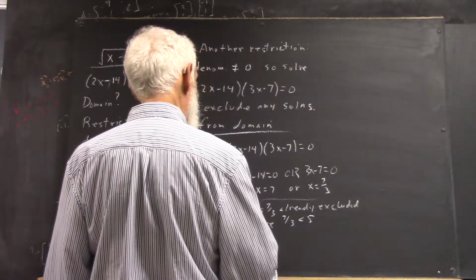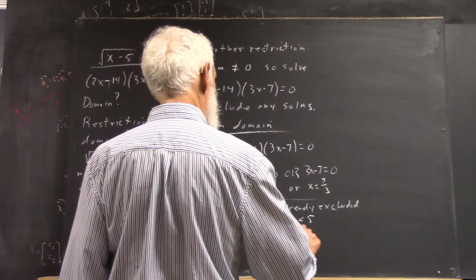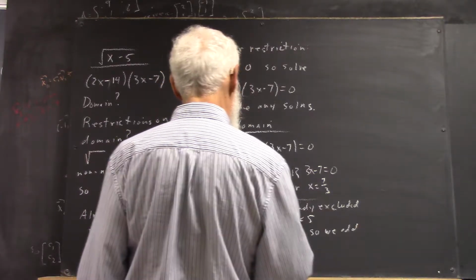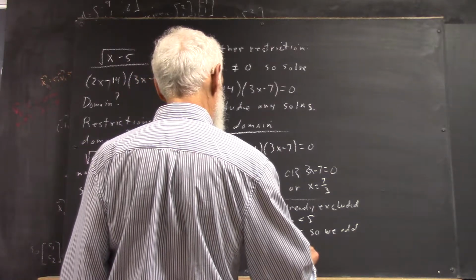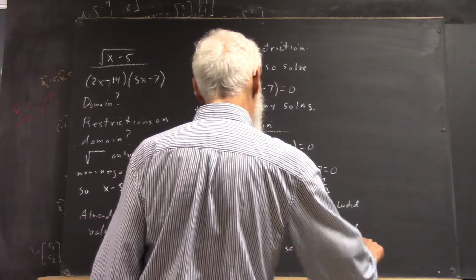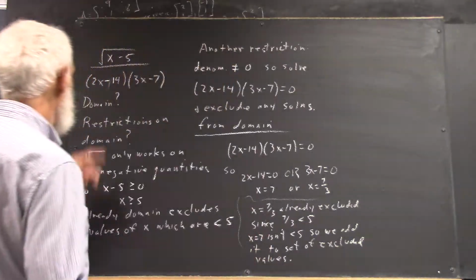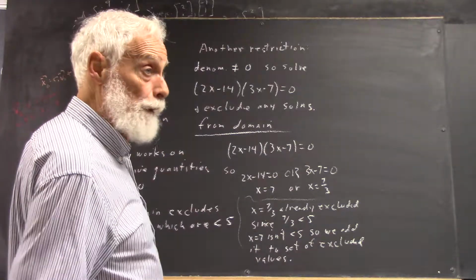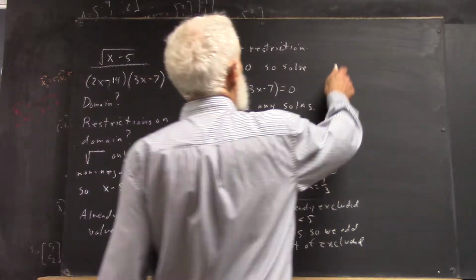But x equals 7 isn't less than 5, so we add it to the set of excluded values, right? It's got to be excluded because if x equals 7, this thing is 0 and your denominator is 0, and you have an undefined quantity. Okay?